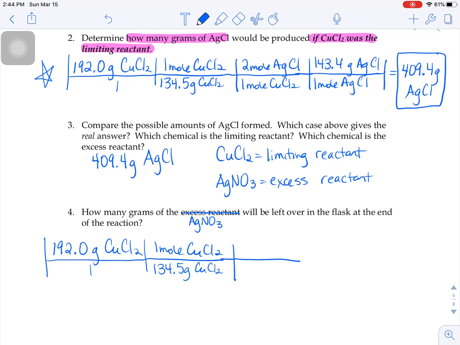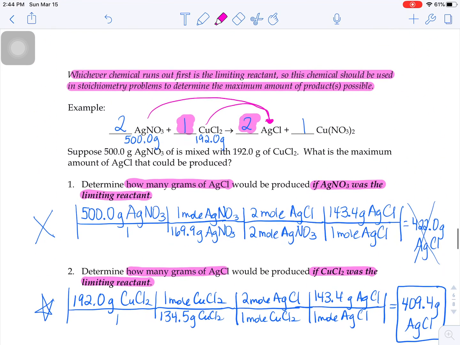So the mole ratio that we're looking for in this problem is the ratio between copper 2 chloride and silver nitrate. So we need to go to our balanced equation up above and find the mole ratio here between, here's our silver nitrate, here's our copper 2 chloride. We're comparing one reactant to the other in this problem.